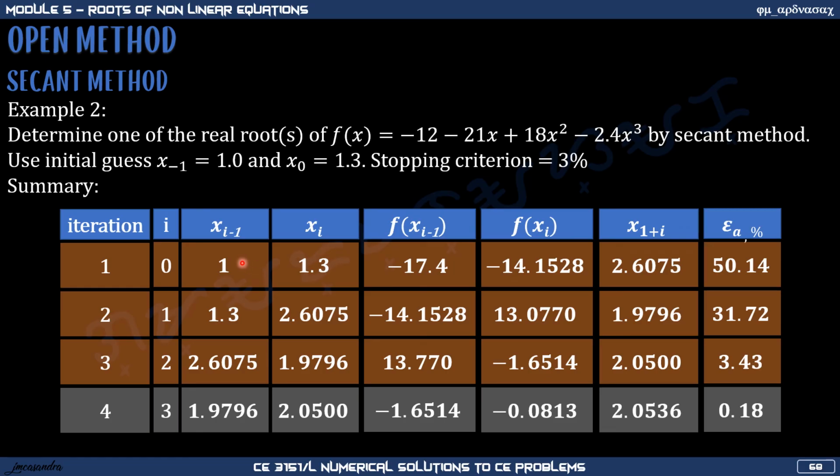Okay? So you can observe that the x i is just shifted over to the x i minus 1. So if we had a fifth iteration, this 2.05 would move down here. Then all of the values in x i plus 1 are moved to the x i column. So for the fifth iteration, our x sub i will now be 2.0536. So that moves down here, and then you can follow the procedure.